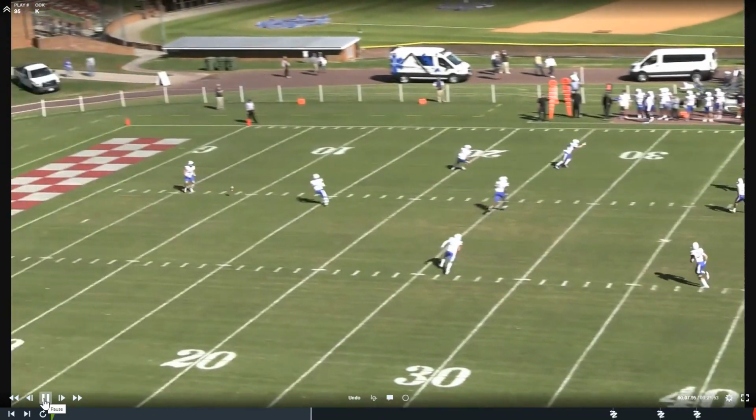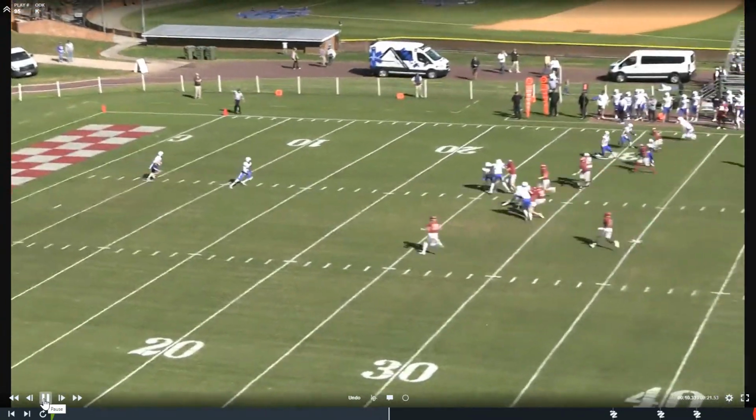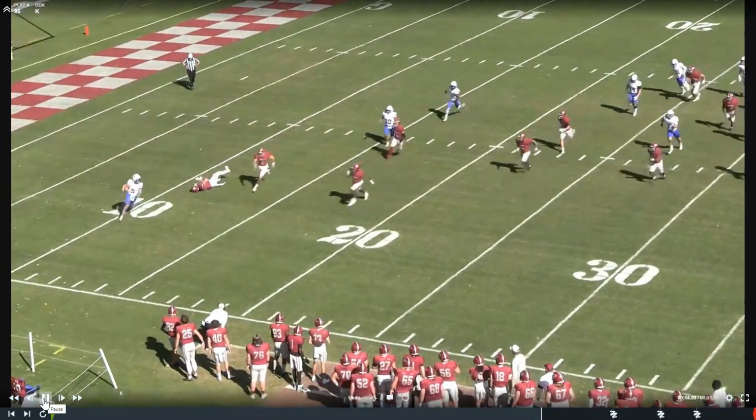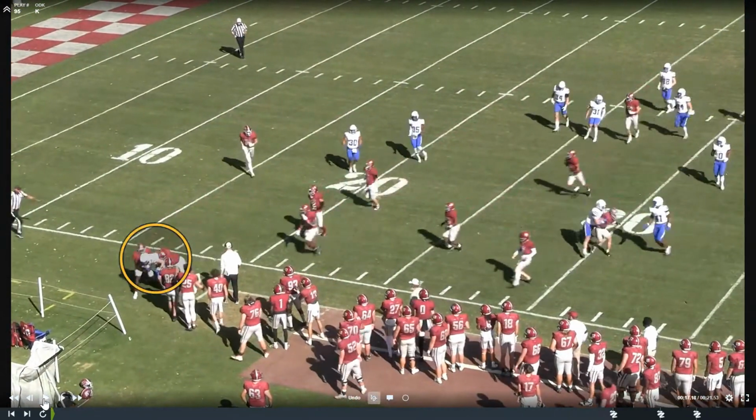Let's review covering plays that end up out of bounds, particularly on kickoffs. Here's a great example of why we follow our players out of bounds.